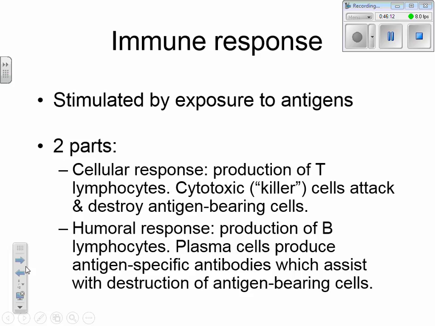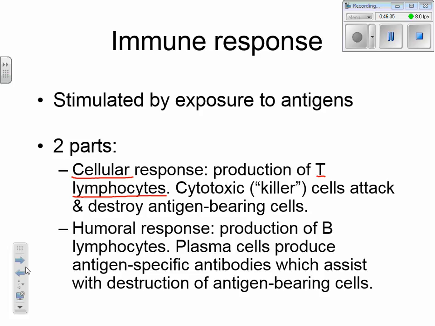The first part of it we describe as the cellular response. And so it's about the production of cells. And the cells are known as T cells. To be specific, they're T lymphocytes.